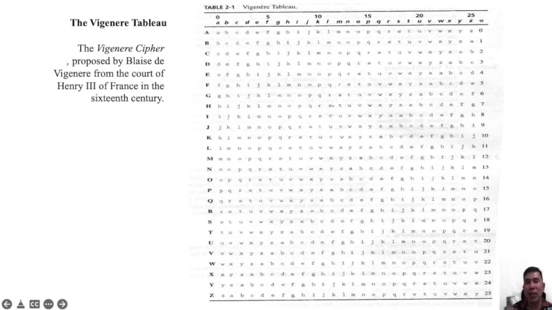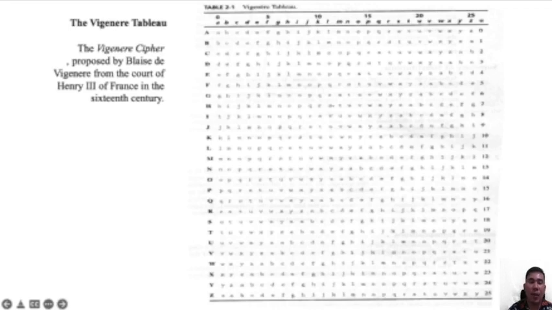Look at the first row: it is a shift of zero, which is basically the A. On the second row, you will notice it's a shift of one, going all the way from B leading towards the A. And in the last row, it is a shift of 25, where you will notice the letter is basically a Z.